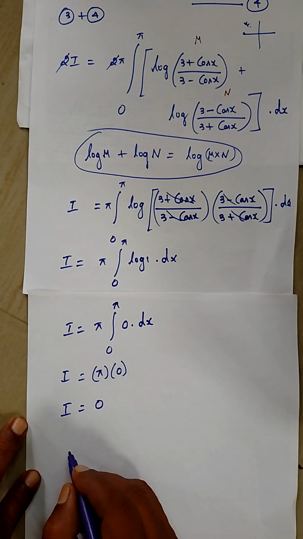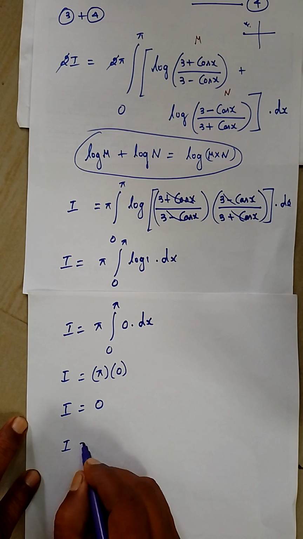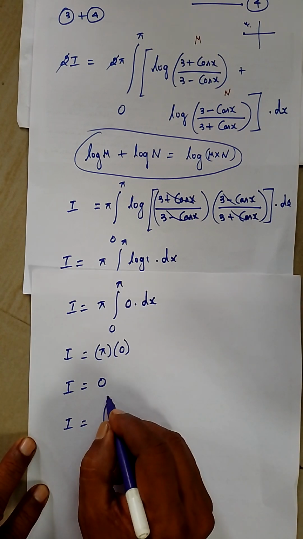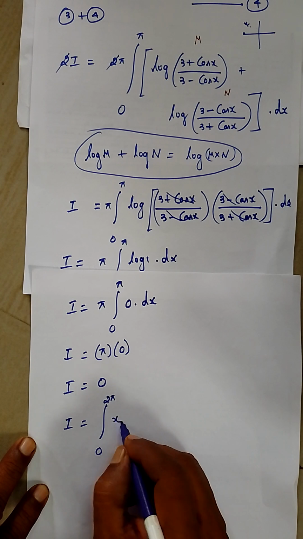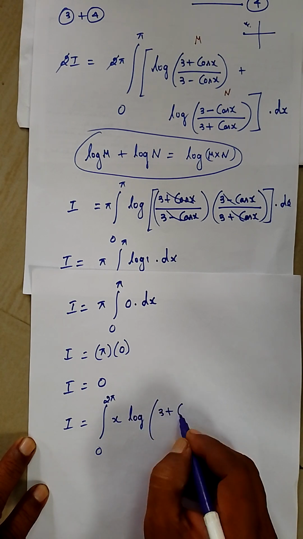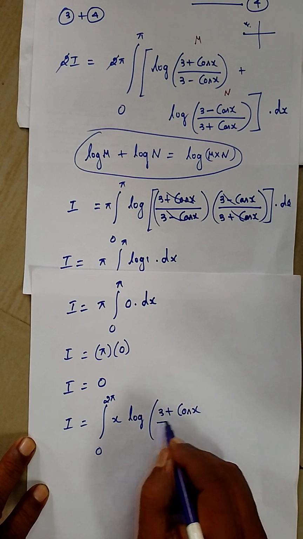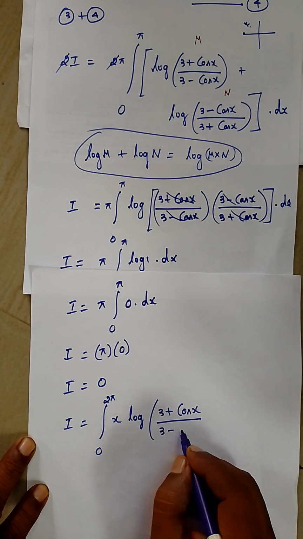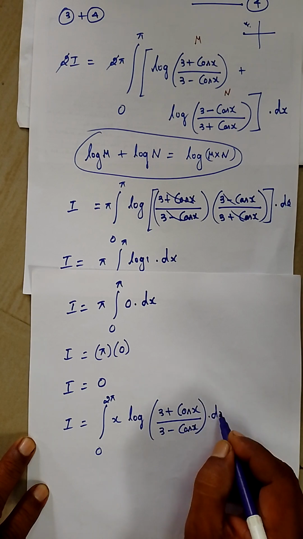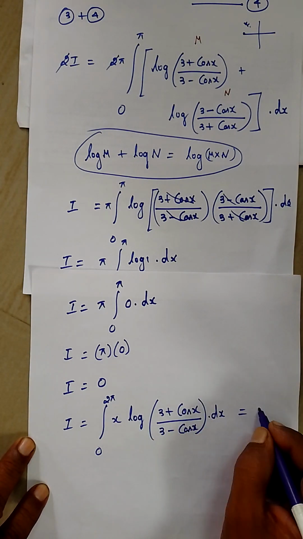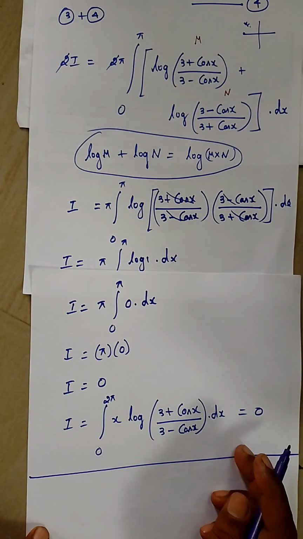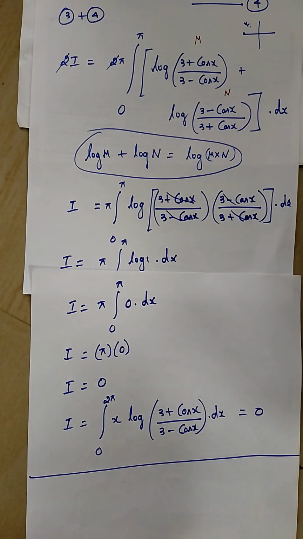I we already declared: I is equal to integral 0 to 2 pi of x log of (3 plus cos x) by (3 minus cos x) into dx. So the value is 0. So the answer for the given problem is 0. Thank you.